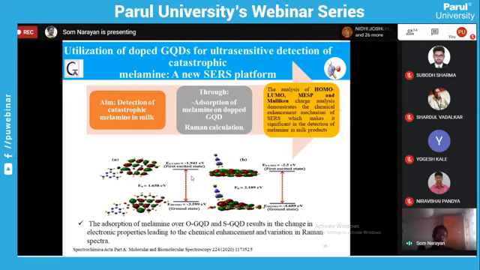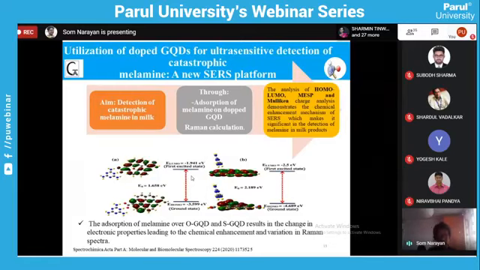Here we used triangulene GQD with sulfur and oxygen dopants for the enhancement of melamine detection. We calculated their HOMO-LUMO energy band gap, molecular electrostatic potential, and molecular charges to understand the mechanism of surface enhanced Raman spectroscopy.